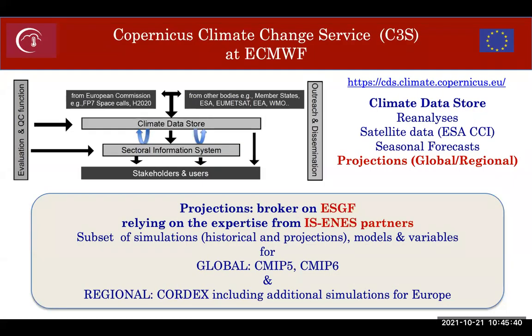We also work with Copernicus, the Copernicus Climate Change Service, for the climate service aspect. Copernicus brokers on the Earth System Grid Federation to provide access to the projections, which are both global and some regional. And this completely relies on the expertise from EasyNess, but only provides a subset of simulations, historical and projections, and a subset of models and variables.